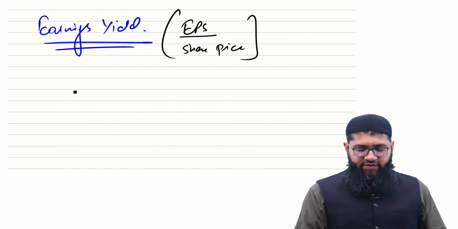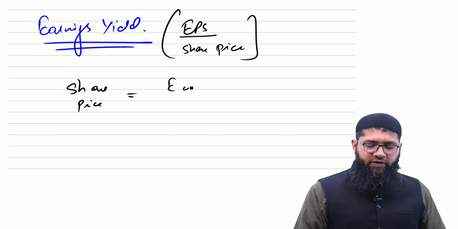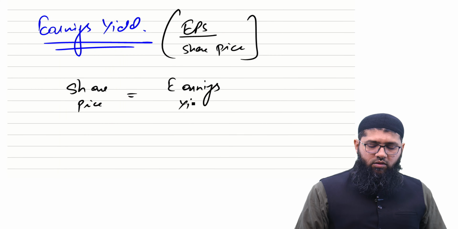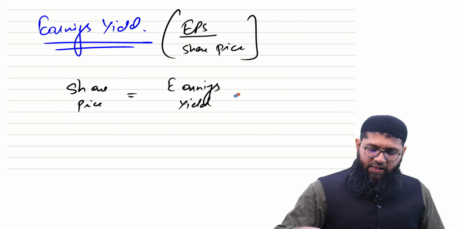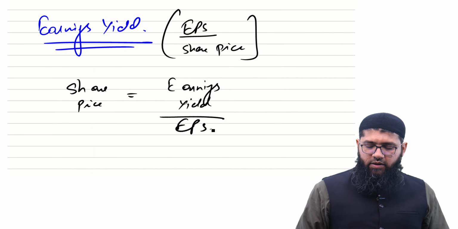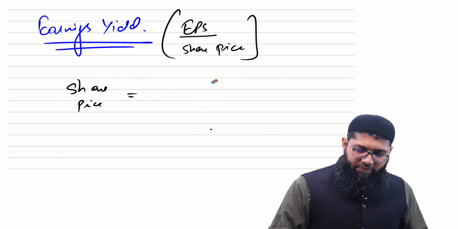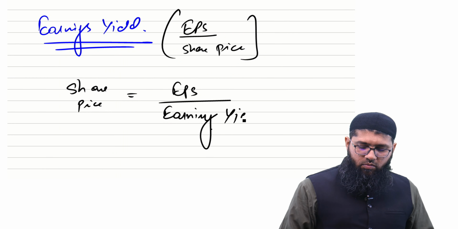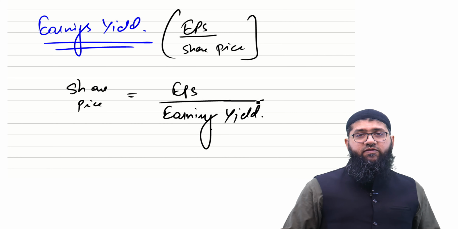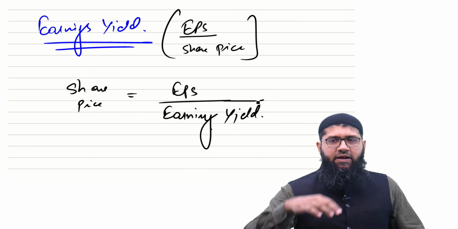So if you want to calculate the share price using earnings yield, you are simply going to say EPS divided by earnings yield. So that's how you calculate it, and the rest is the same.